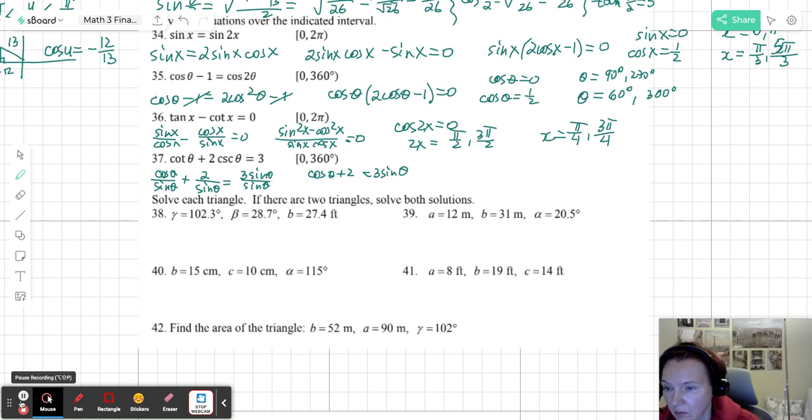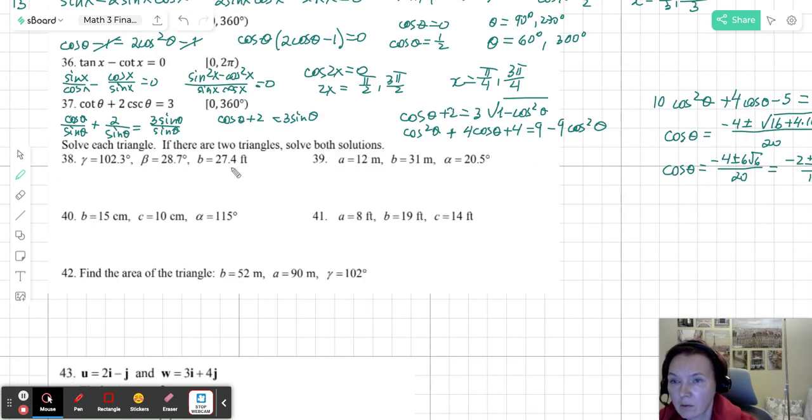And let's see. Once we have cosine theta plus 2 equals 3 sine theta, what I did here is I used the Pythagorean identity. Instead of sine theta, I wrote down 1 minus cosine squared theta. And then I would square both sides of this equation.